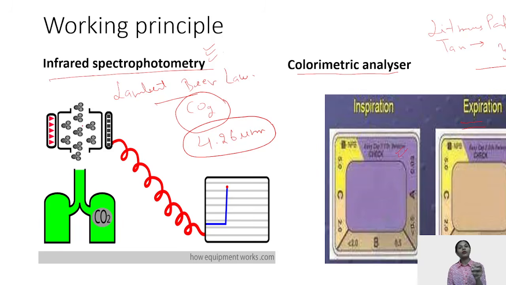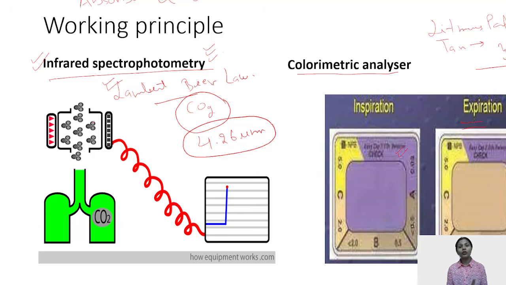The thing that has to be remembered is the principle is infrared spectrophotometry. The law that is used, Lambert-Beer's law. Lambert-Beer law says the absorbance is directly proportional to the solute concentration that is present, and also to the length or the distance that is traversed by the infrared rays.